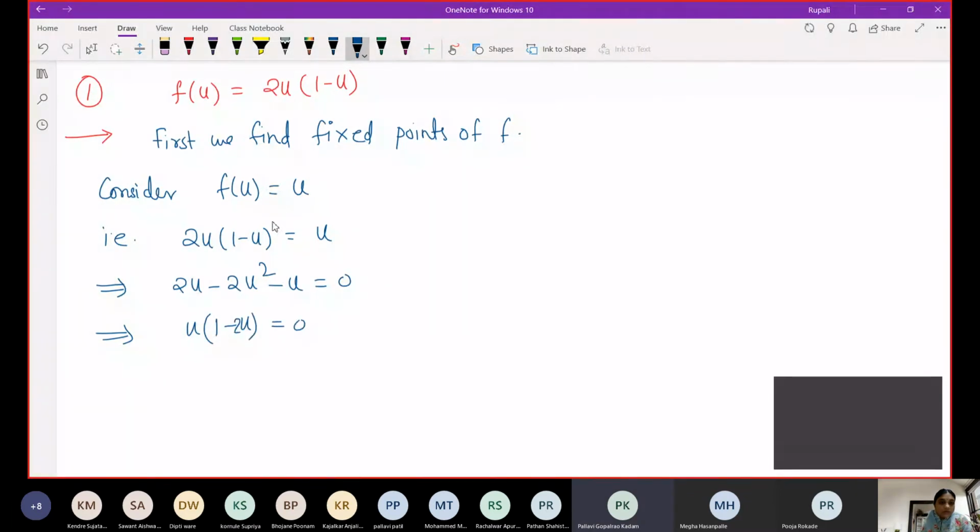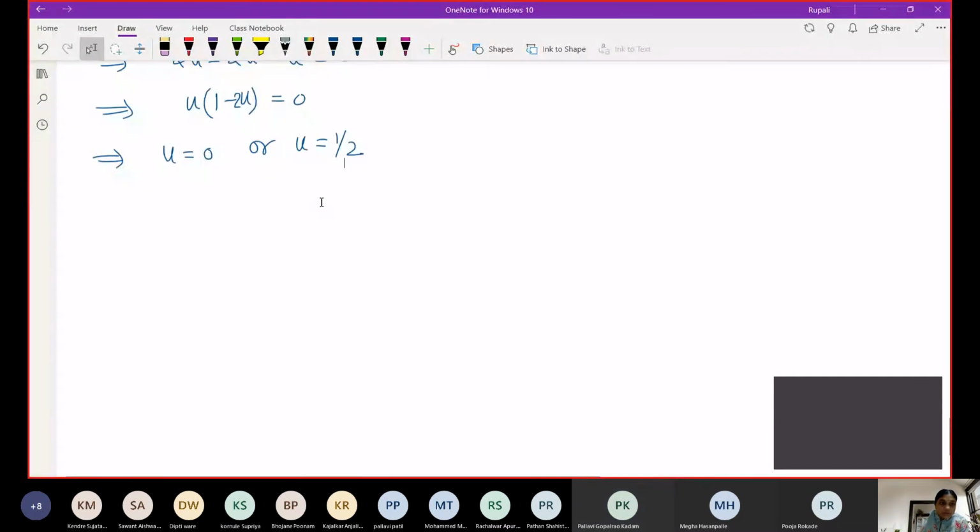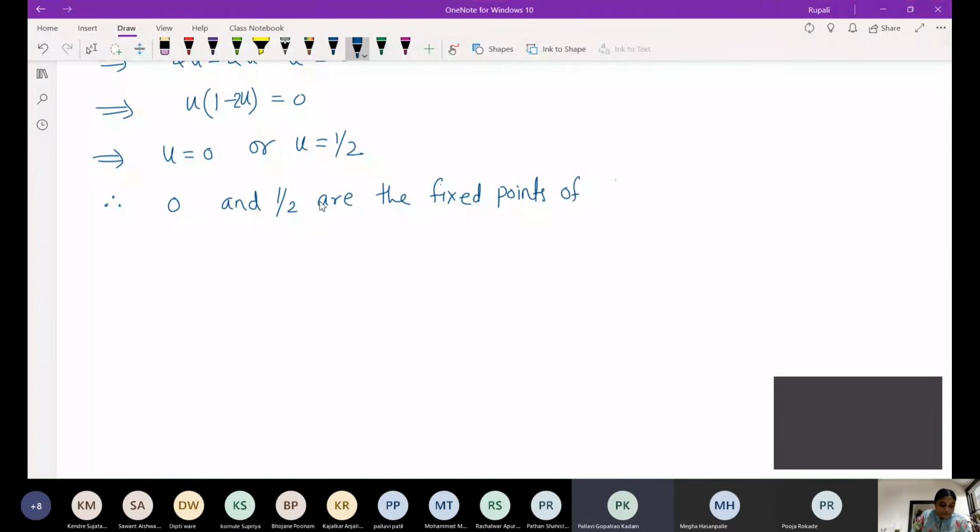This implies u is equal to 0 or u is equal to 1 by 2. So therefore 0 and half are the fixed points of f. This was already calculated.